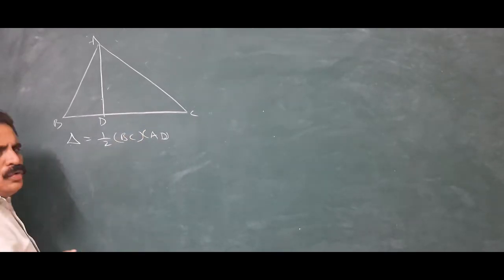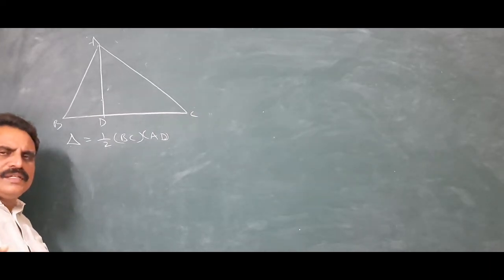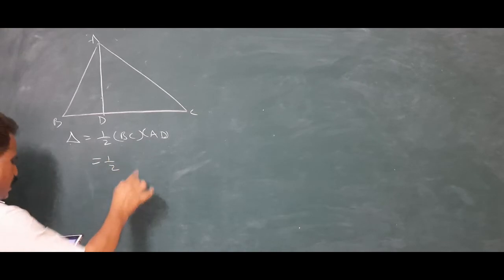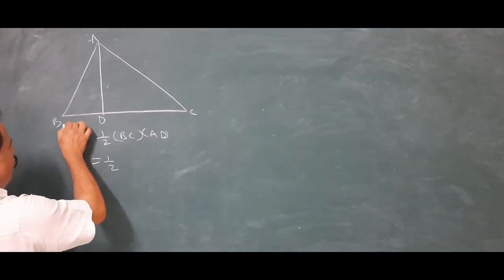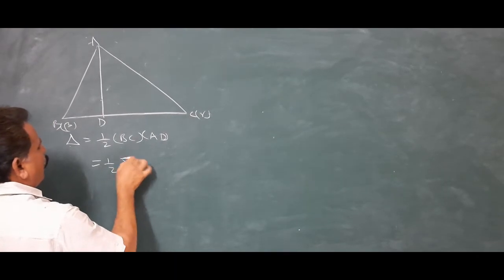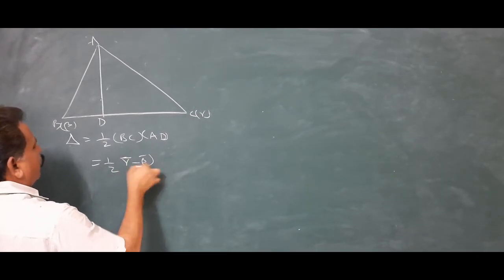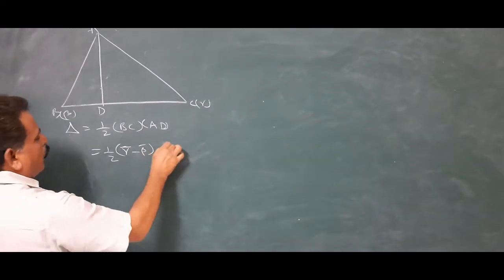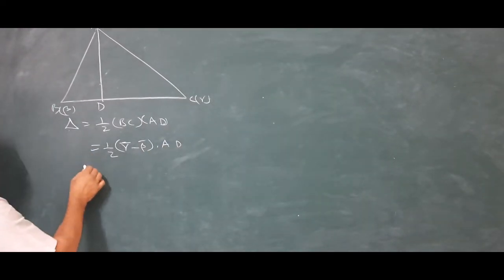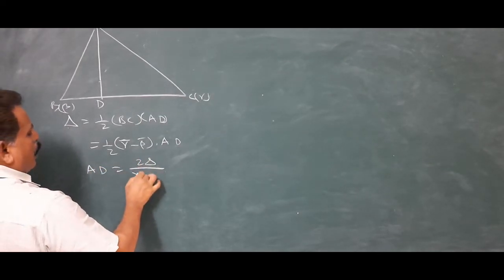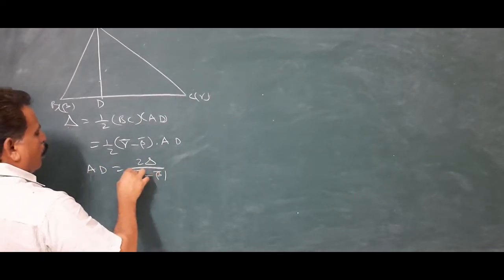From properties of triangles, P1 equal to delta by A, that is half into base, gamma bar minus beta bar, into AD. So AD equal to 2 delta by modulus of gamma bar minus beta bar.